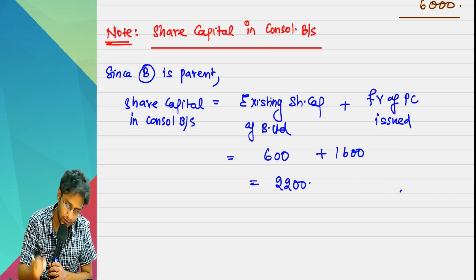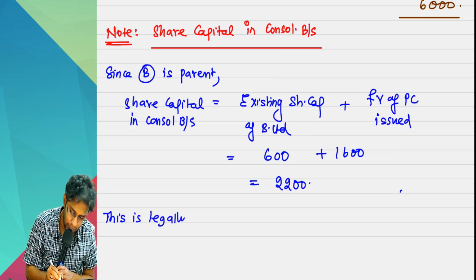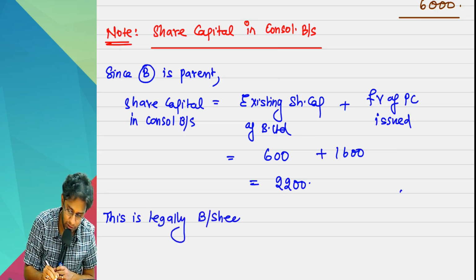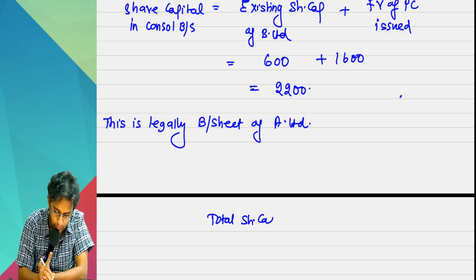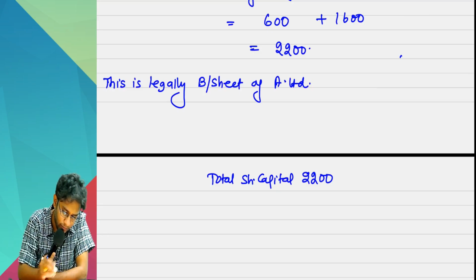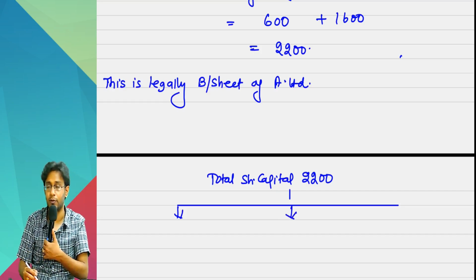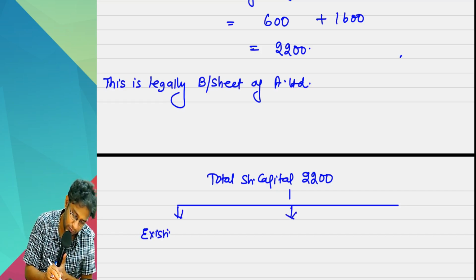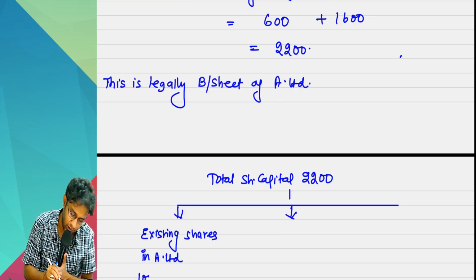This is legally the balance sheet of A Limited. So total share capital is 2200. In the 2200, how you have to explain is: how many shares, what is the face value, like that. Existing shares in A Limited: go check the balance sheet of A Limited. 100 shares.